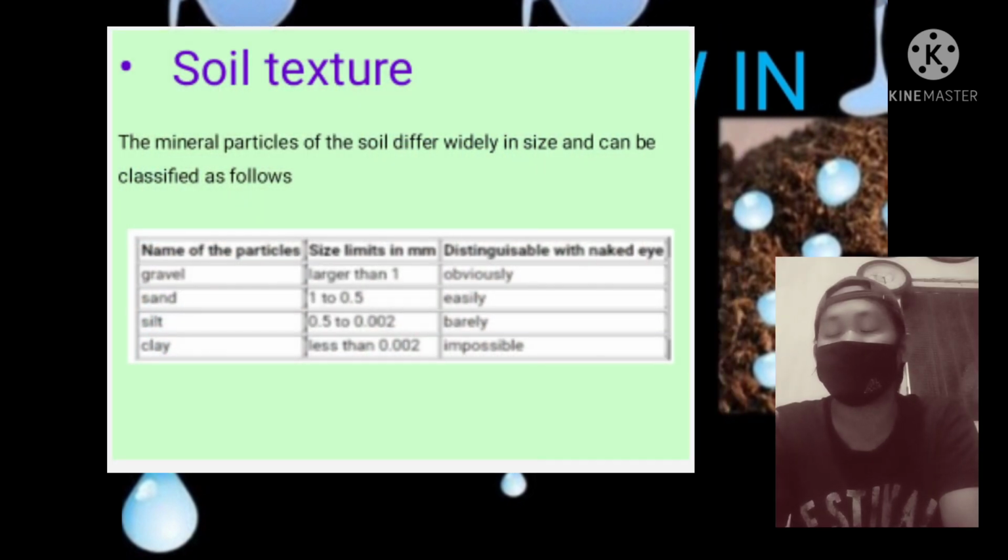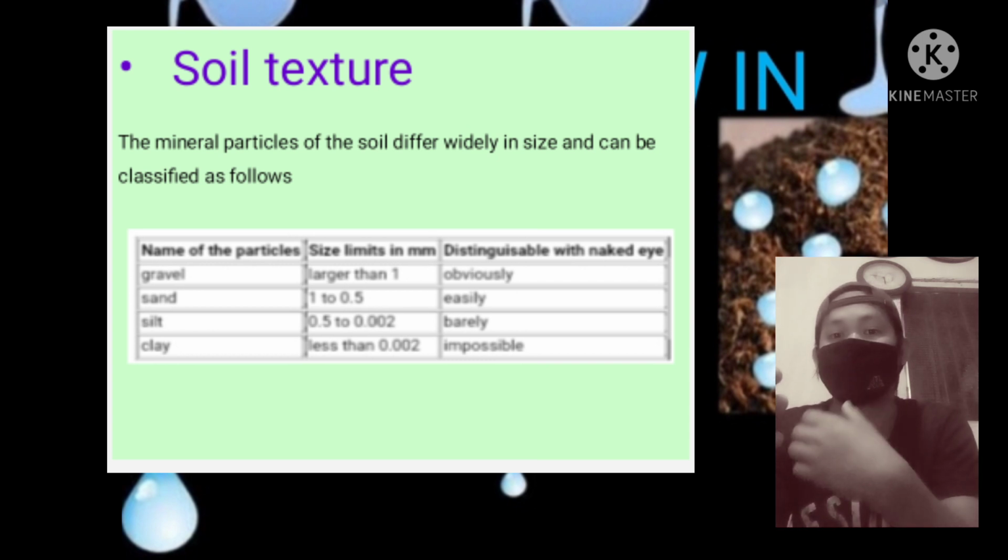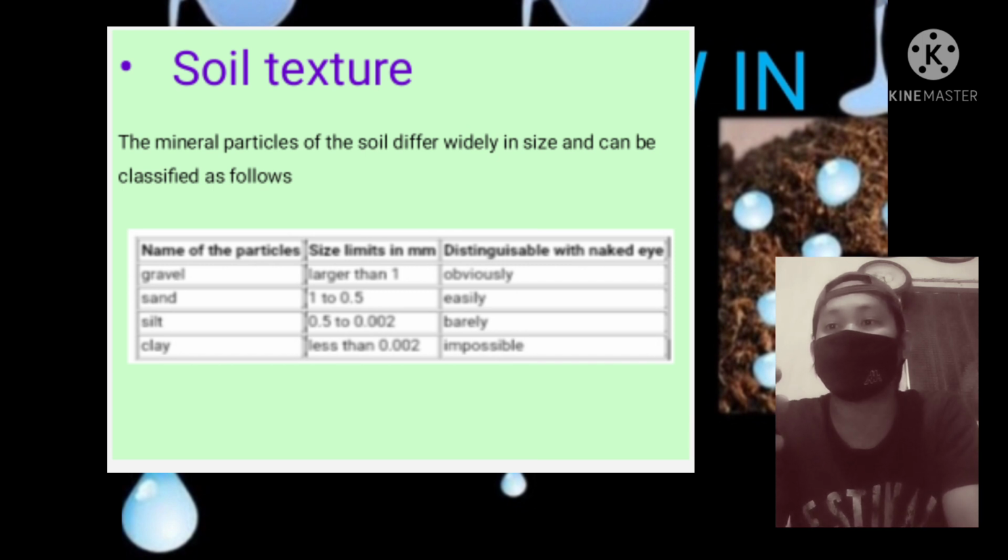Look at the table. The names of the particles and size limits are shown on the screen. The mineral particles of the soil differ widely in size and can be classified as follows. The amount of sand, silt and clay present in the soil determines the soil texture.